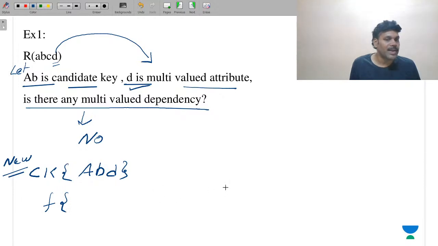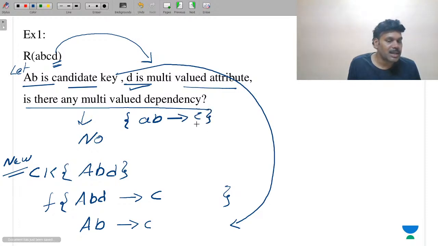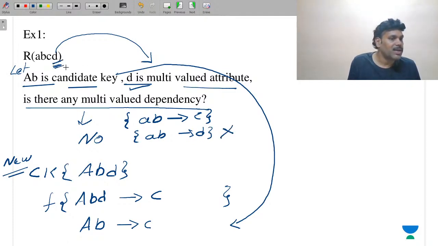As there are no multi-value dependencies, ABD implies C. One more functional dependency we want to bring: the existing primary key implies C. But the existing primary key doesn't imply D, as D is multi-valued. So AB implies C, but don't write that AB also implies D. This is wrong because D is a multi-valued attribute.